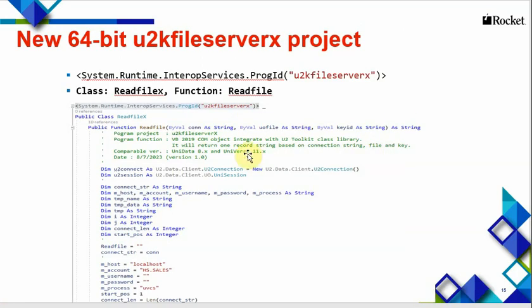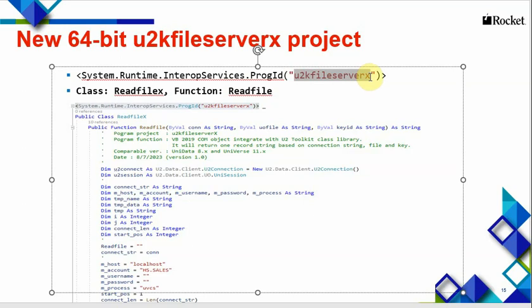The syntax is pretty simple. Basically, you just create a class, and you can create the reference ID called U2K file server X. In this demo, I'm using the class called read file X and one particular function called read file, so you can read the data from the states file, the CO record, coming back.